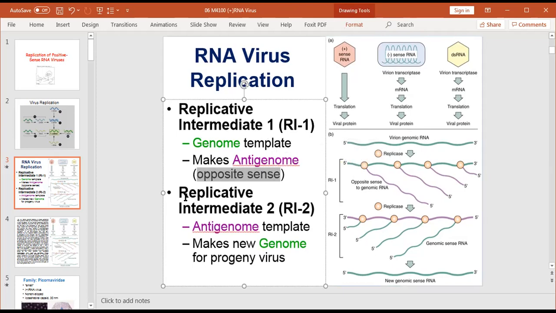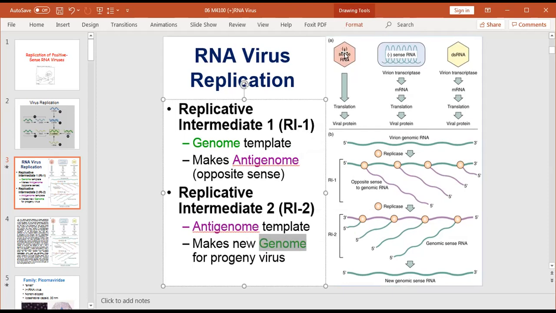And during RI2, or replicative intermediate 2, whatever anti-genome has been made during the first stage will serve as a template, and we make new genomes.